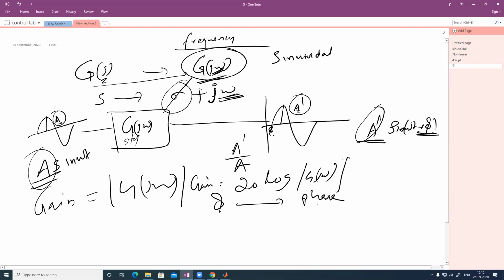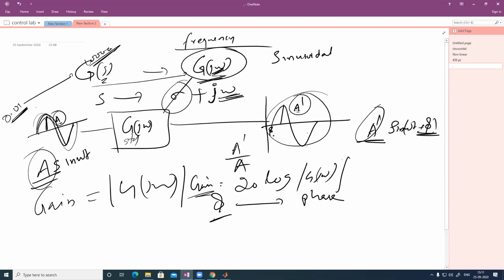So this is a particular frequency. One frequency of sine wave you are applying and taking the output and measuring the gain and phase. Again you will change the frequency, then take these things. Again you will change, and you are changing from very low value to very high value. This frequency is changing from this range.